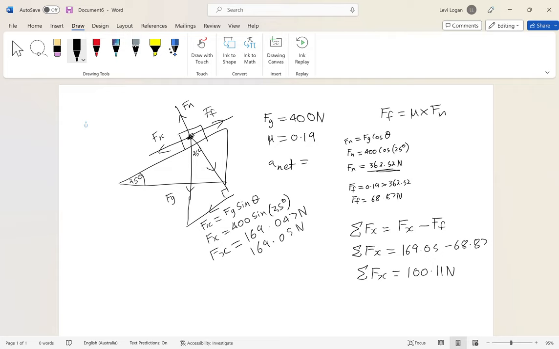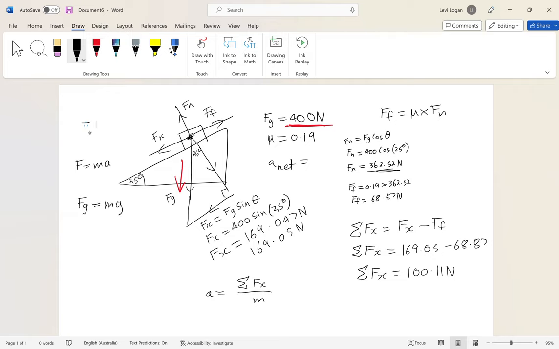Alright, so now that we've found that, the acceleration down the slope is the sum of the forces down the slope divided by the mass. Now, at the start of the problem, we were given this number here. That's the force acting down due to gravity. We know that F equals ma. So force of G is going to be mass times the gravitational constant.